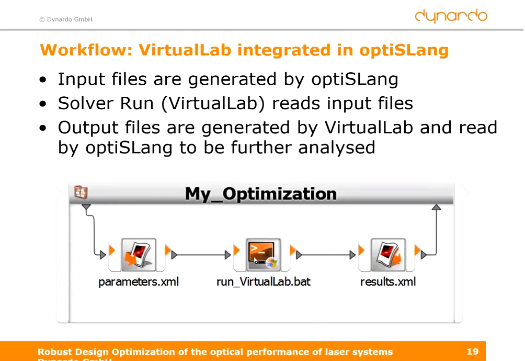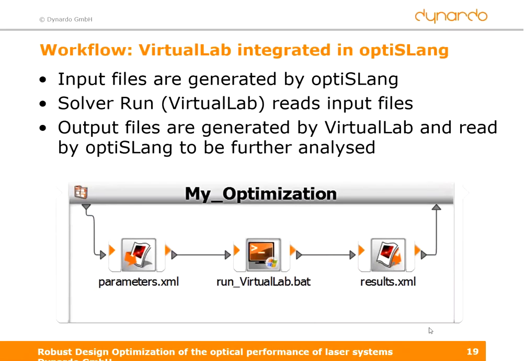So VirtualLab is actually calculating the results, and then these results will be read by optiSLang and analyzed. And you can imagine that this is a loop you can do many, many times for a lot of samples and designs. So finally you will have a set of designs that is, for example, a sensitivity analysis or an optimization.